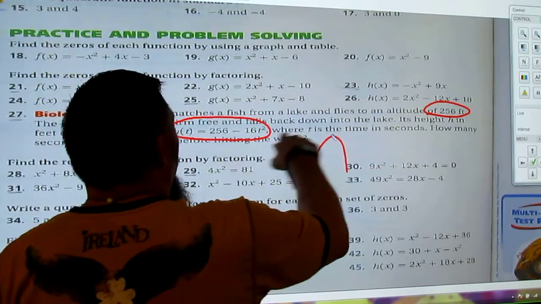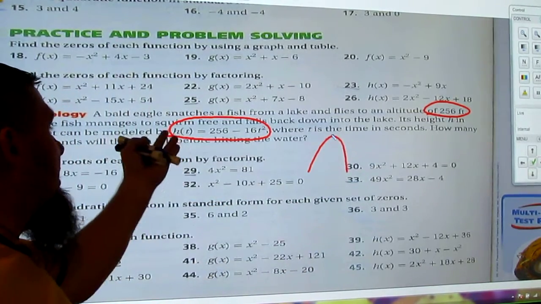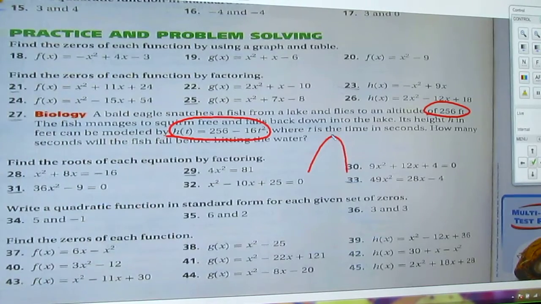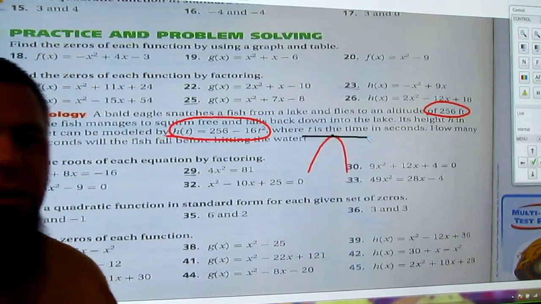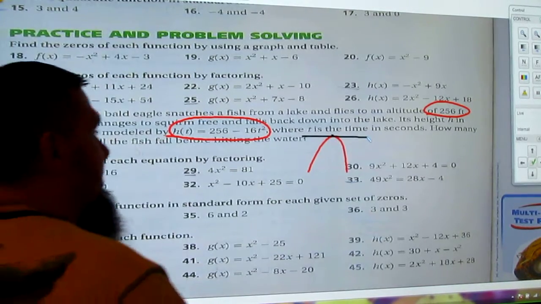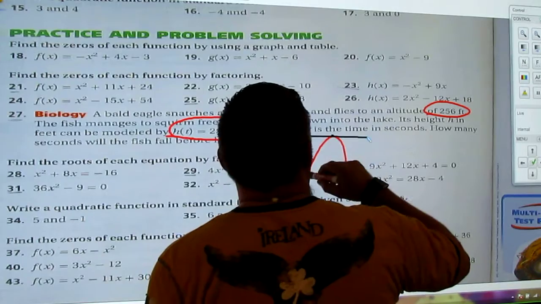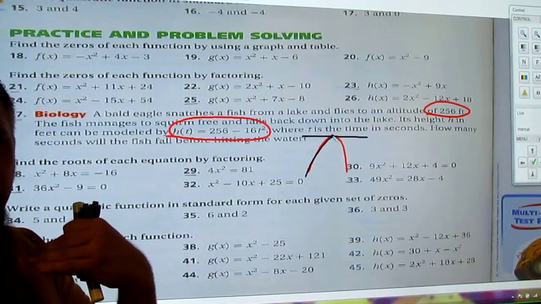Well, we would set that equal to how far he is, how high he is. Okay? So, what is the point here? Okay? And in this parabola, it would take as long to go up as it would to go down. Does that make sense? So what we're really going to do is find this distance and find it for the other direction of down. Okay?